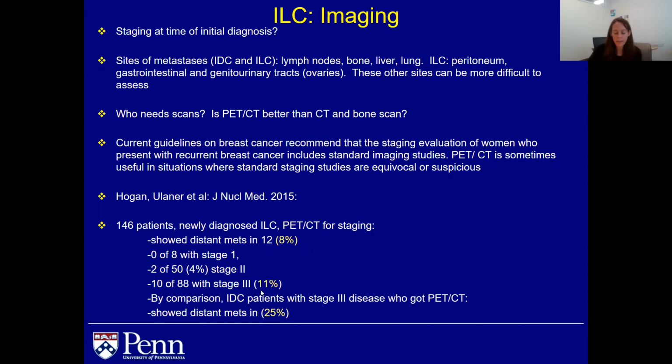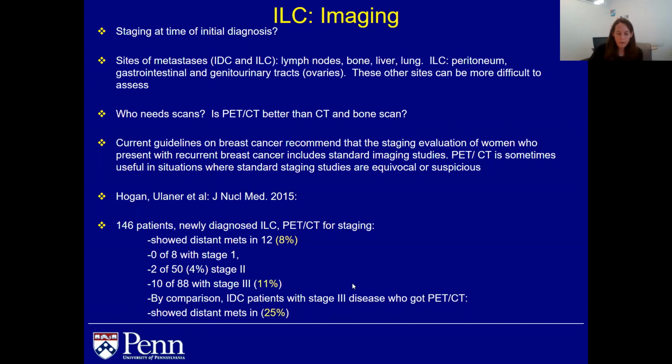So it really seems like stage 3 is where the scanning process, if you will, became more warranted. By comparison, though, when they looked at a matched cohort of patients with invasive ductal cancer with stage 3 disease who got the PET-CT scan, it showed distant mets in 25%. So the percentage was higher.